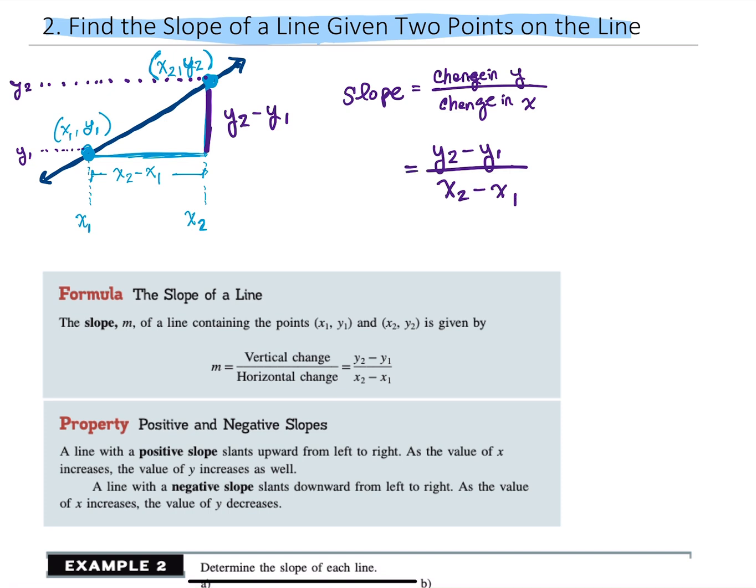And let's use that letter m that was mentioned last time. We should use m to designate slope. So this actually is our slope equation.